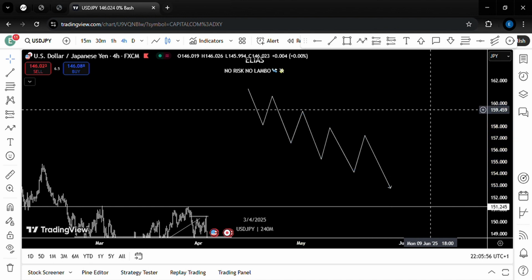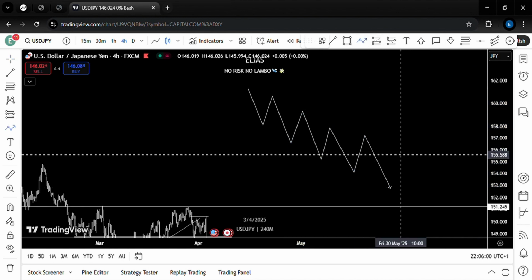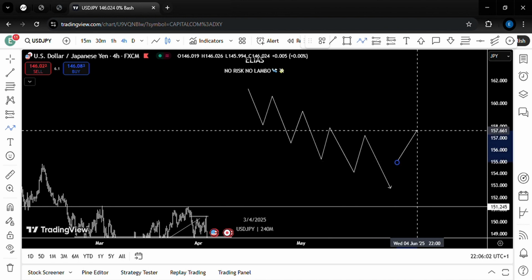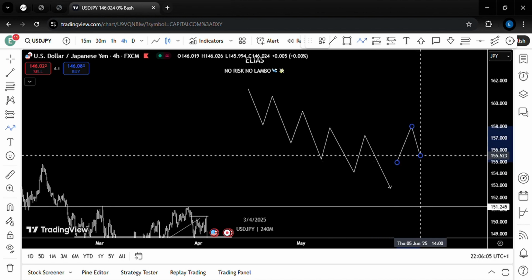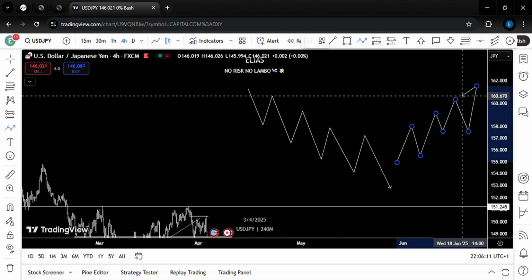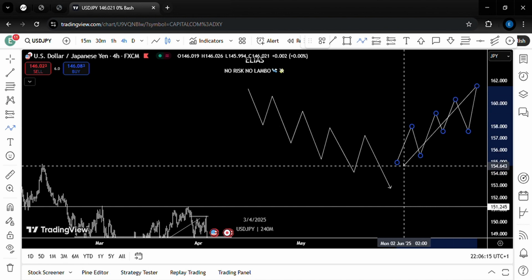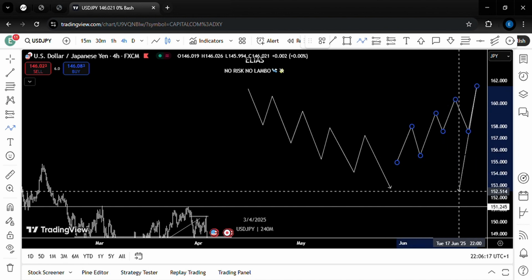Same if market is on an uptrend, market will keep creating series of higher highs, higher lows, and the highs will keep getting broken while the lows will be protected.